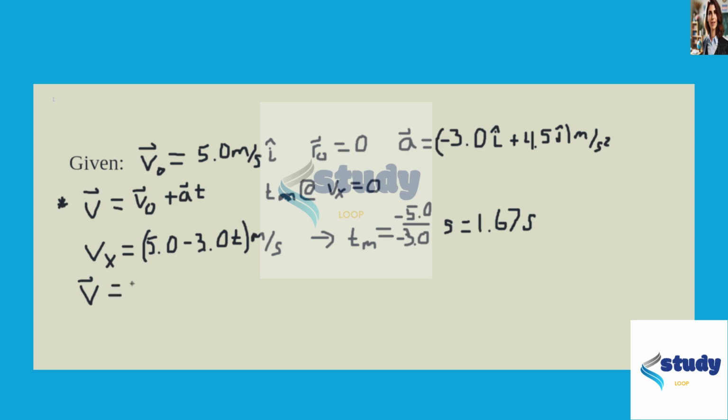So we're going to have 5.0 in the i hat direction, plus minus 3.0 i hat, we need to indicate directionality, plus 4.5 j hat times 1.67 seconds.